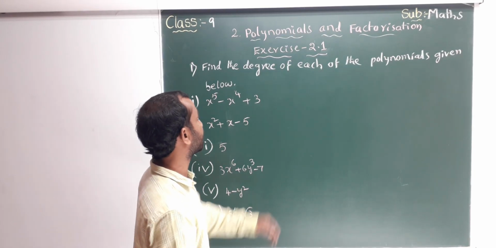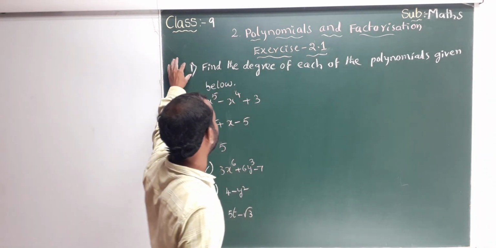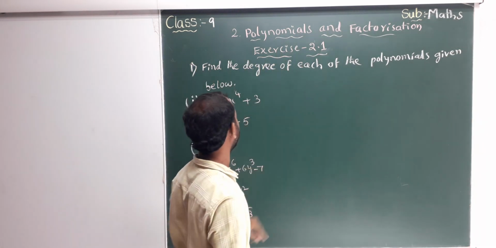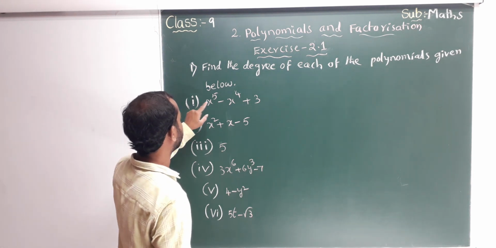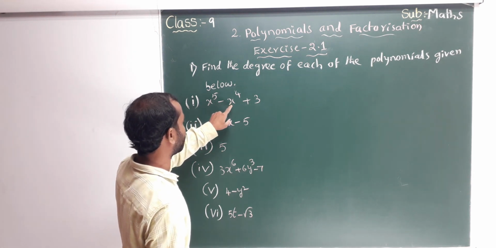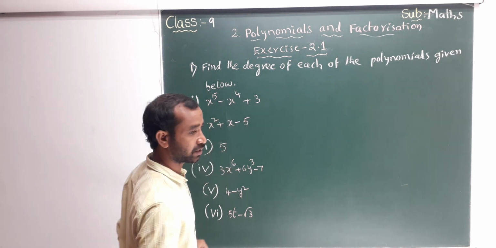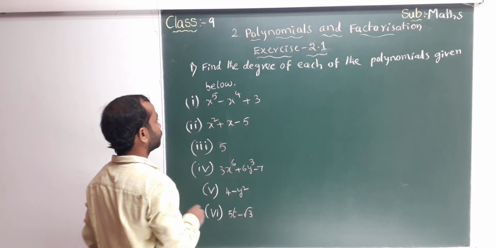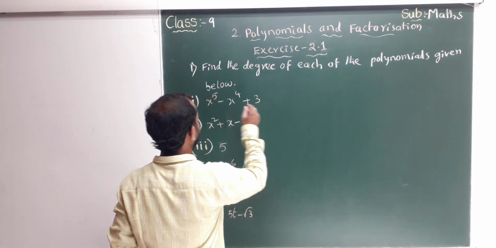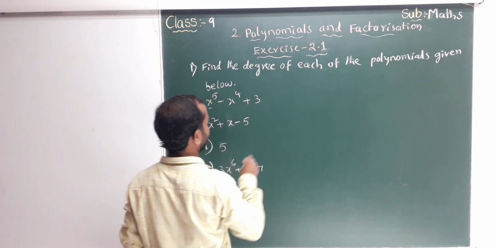Now exercise number 1. The first bit: find the degree of each of the given polynomials. First problem: x to the power of 5 minus x to the power of 4 plus 3. Here the highest degree of a variable term is x to the power of 5.